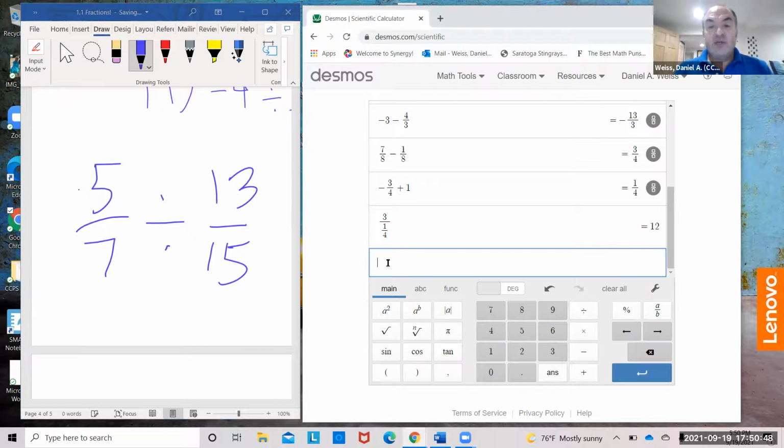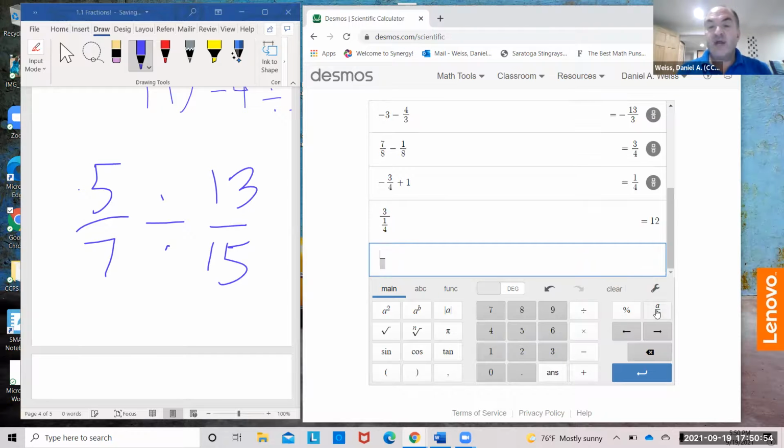Watch this. Fraction first. Fraction. 5, 7 on the bottom. Click to the right. Watch what happens. Divided by.